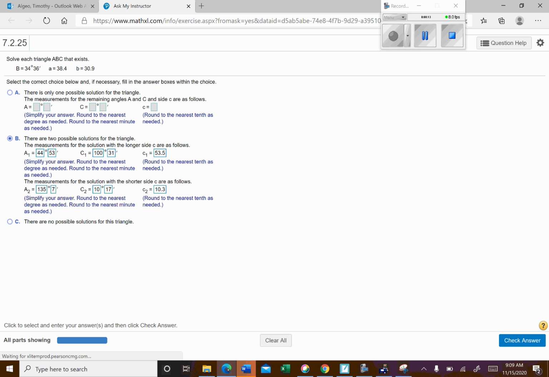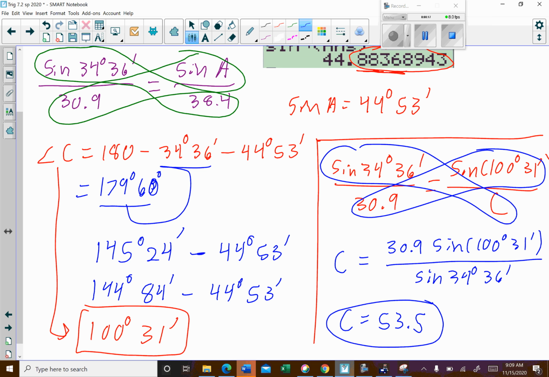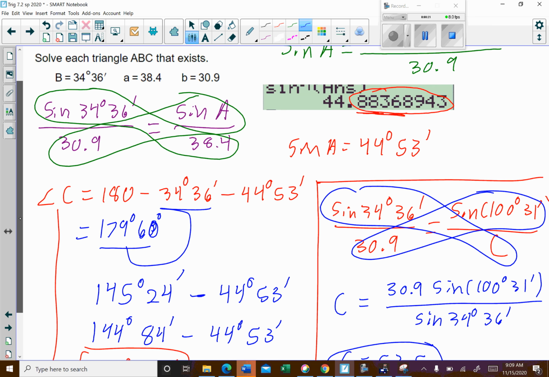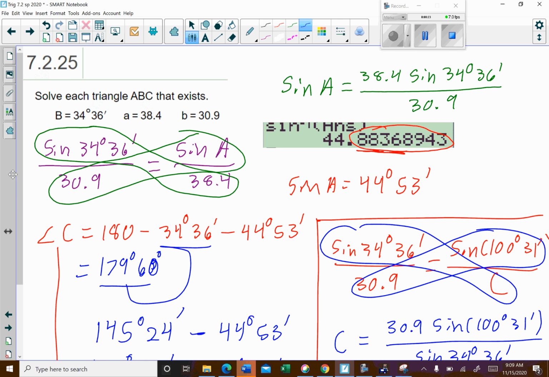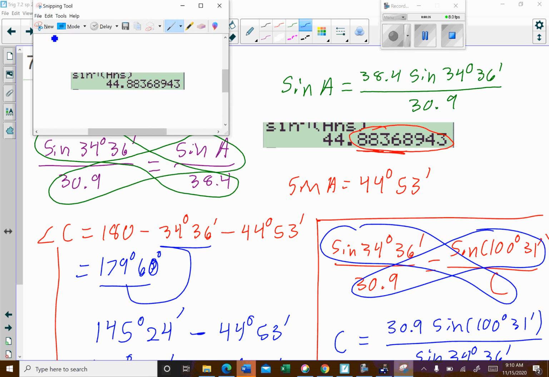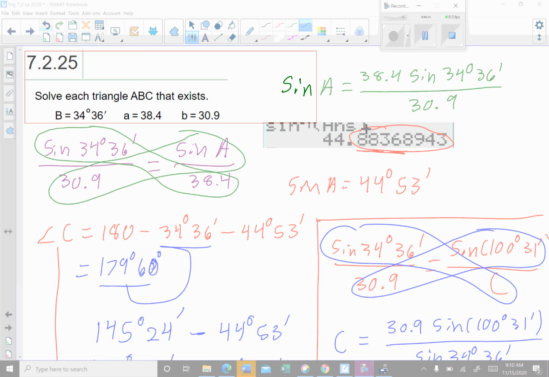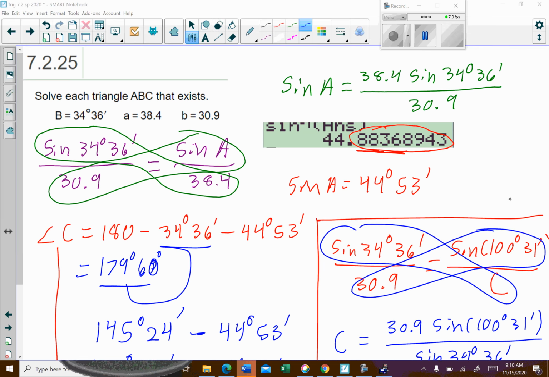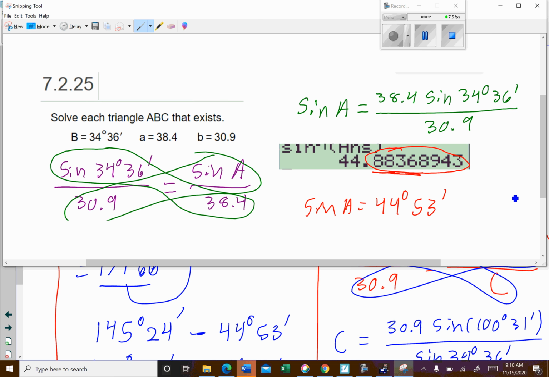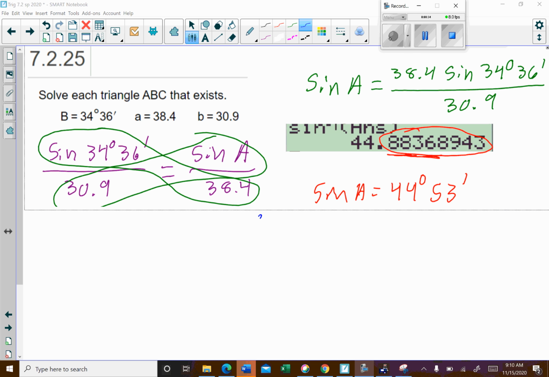Your angle A already looks good, I know that. So let's go ahead and take a closer look. I'm going to grab some of this stuff, and then I'm going to start a new page. Okay, so the angle A is looking at that.